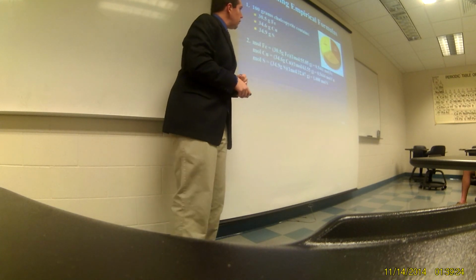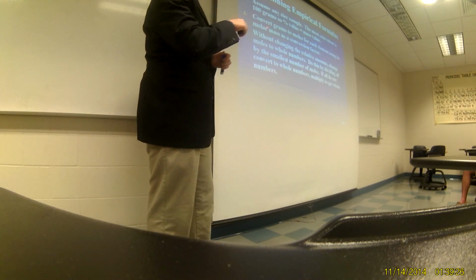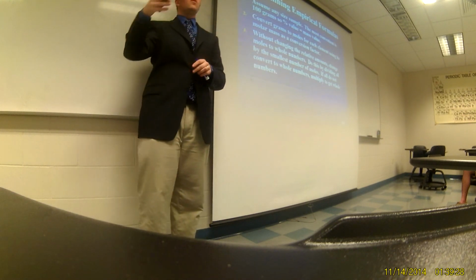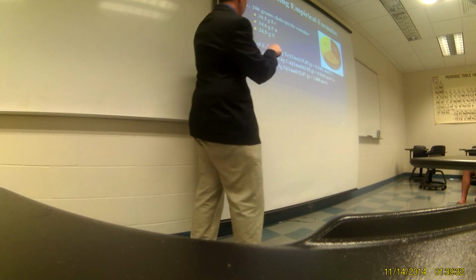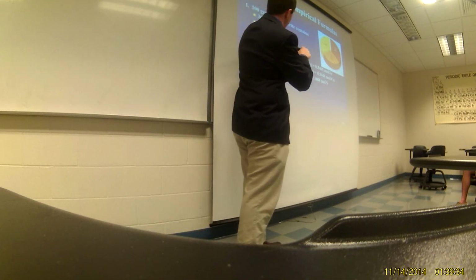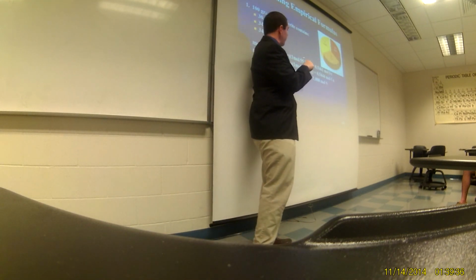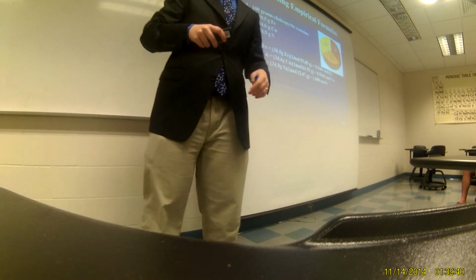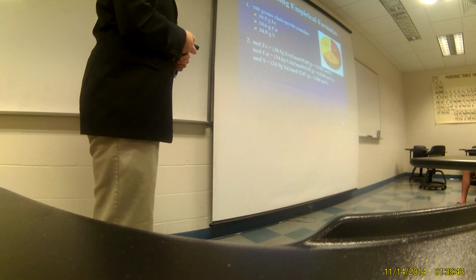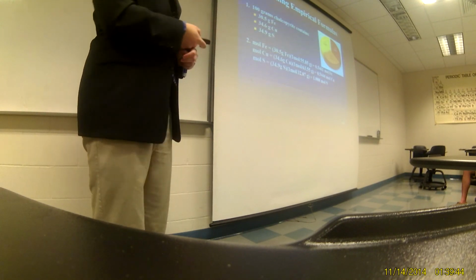Next thing we need to do is convert the grams of each to moles of each. So here, we've divided the masses by the molar masses and gotten moles. We'll do examples on the board here, but we're just going to quickly go through the first one. So we found the moles of each.